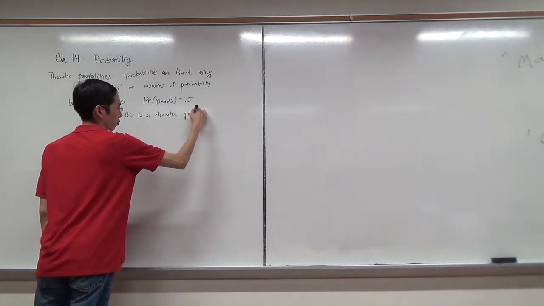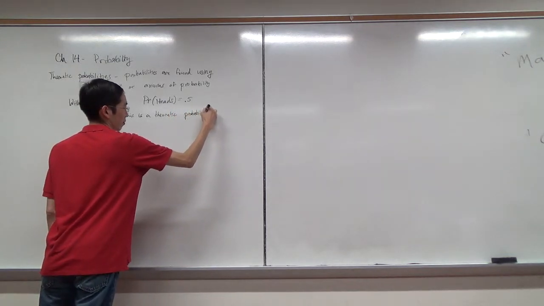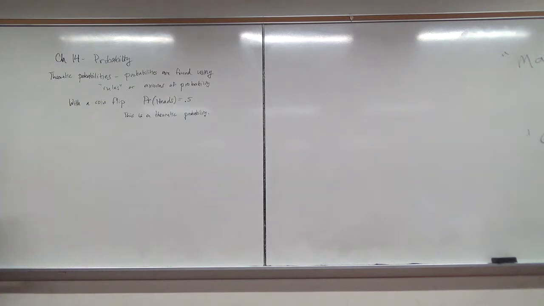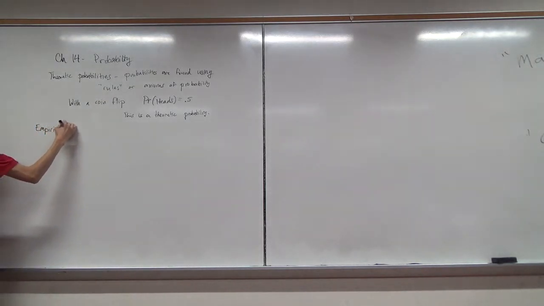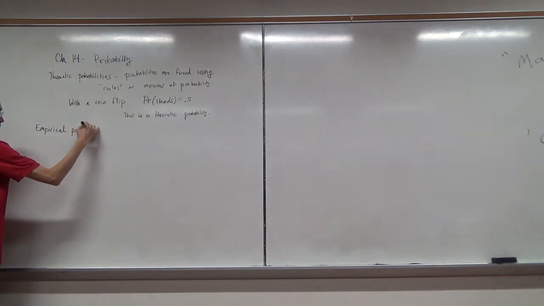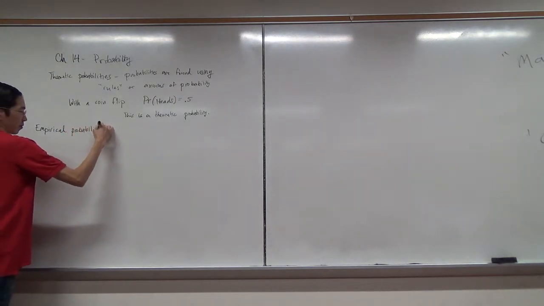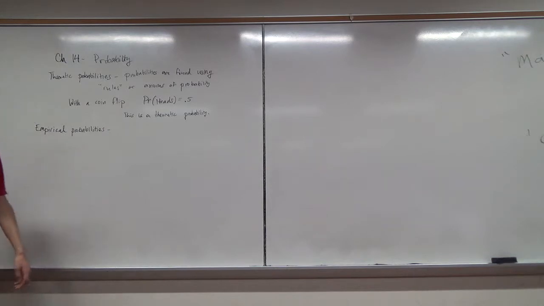On the other hand, we have empirical probabilities. And these are probabilities based on evidence.